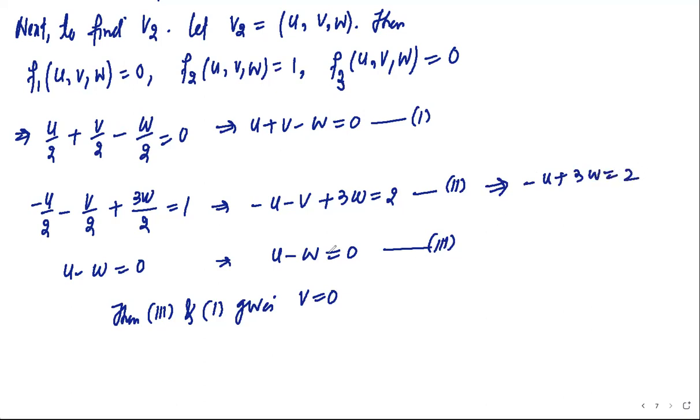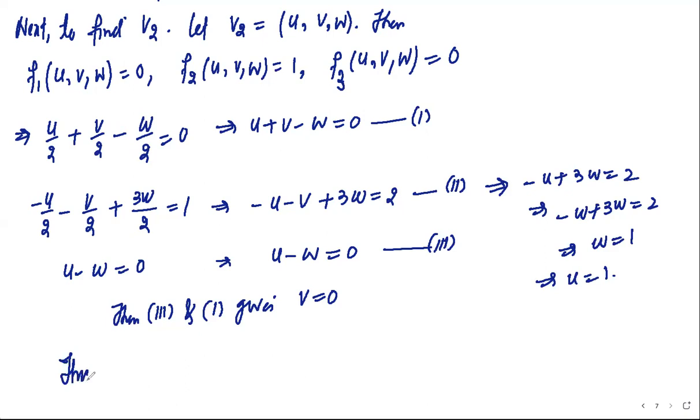And in fact, here we have u equal to w. So now using u equal to w, we get minus w plus 3w equal to 2, and this implies w is equal to 1. But u is equal to w, so therefore this gives u is also equal to 1.